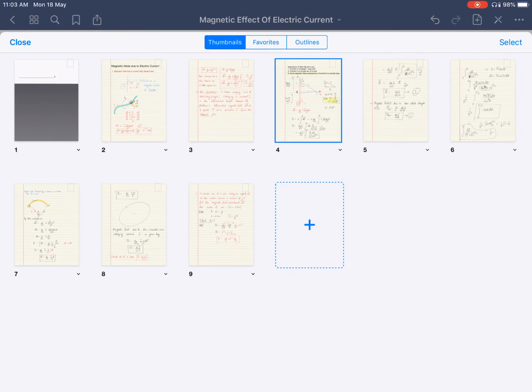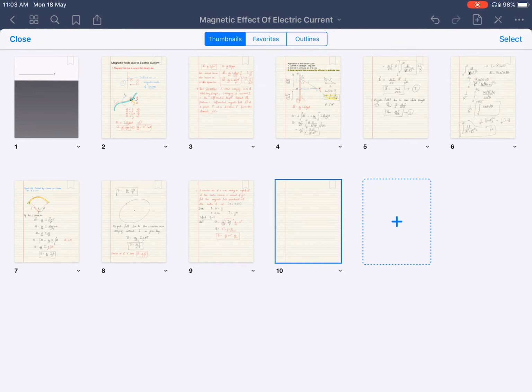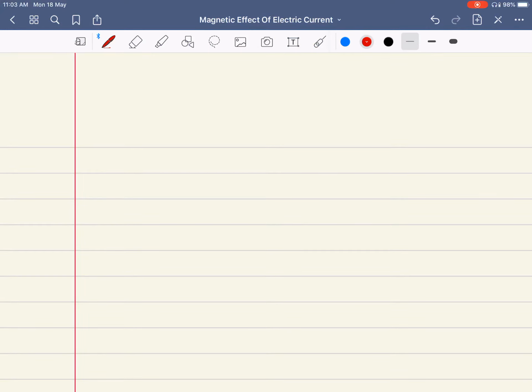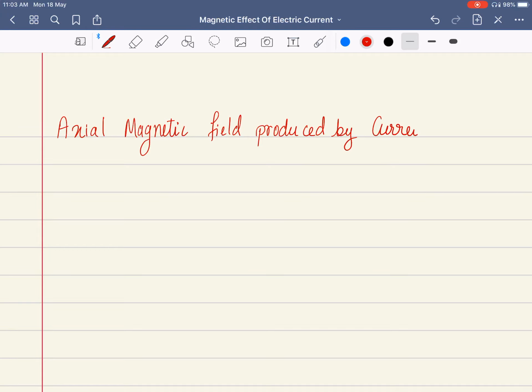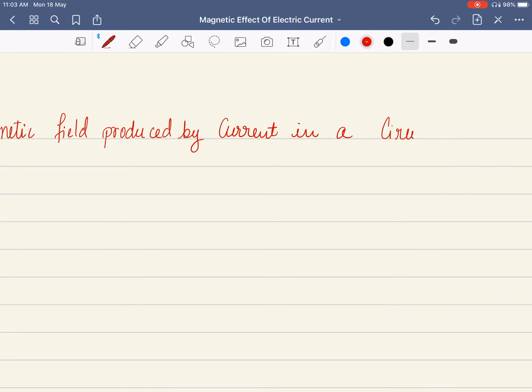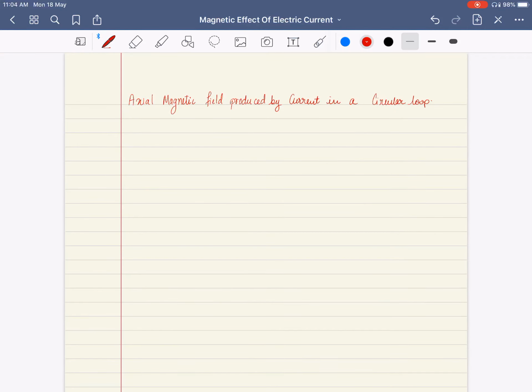Okay, so coming to our next application, that is axial magnetic field produced by current in a circular loop. Okay, so what is axial magnetic field basically?